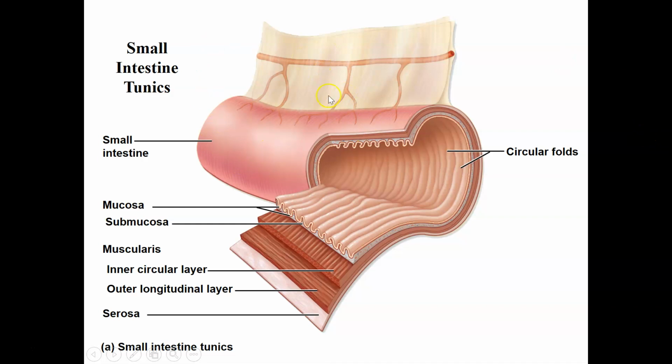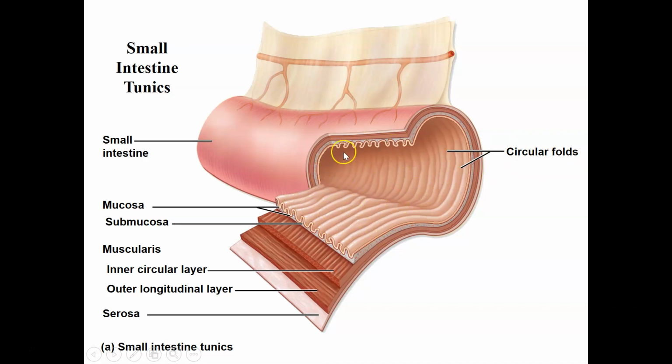So here's a segment of the small intestine, and we have cut away from the wall. We're looking at the different layers here: mucosal innermost, supported by the submucosal, muscularis layers, and it's surrounded by a serous membrane layer. If you look at the mucosal layer, it's not a flat surface. It has these ripples or folds, and those are the circular folds.